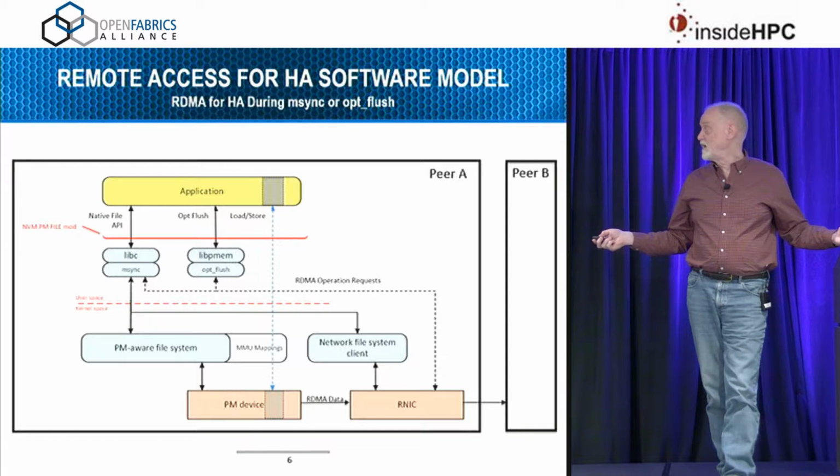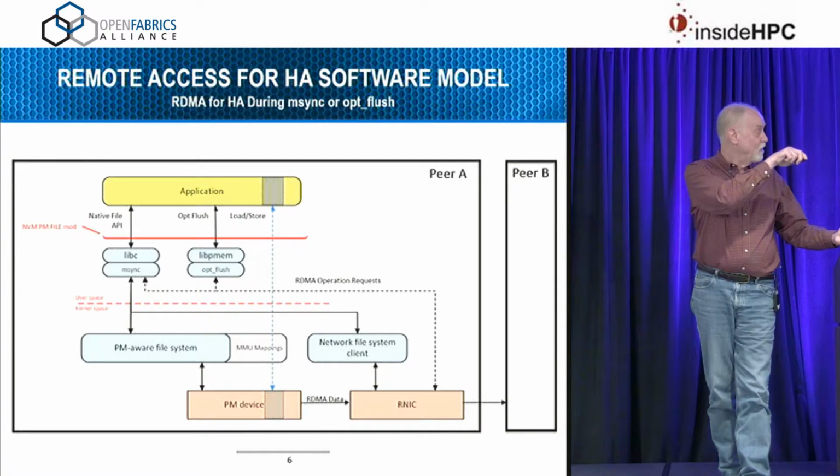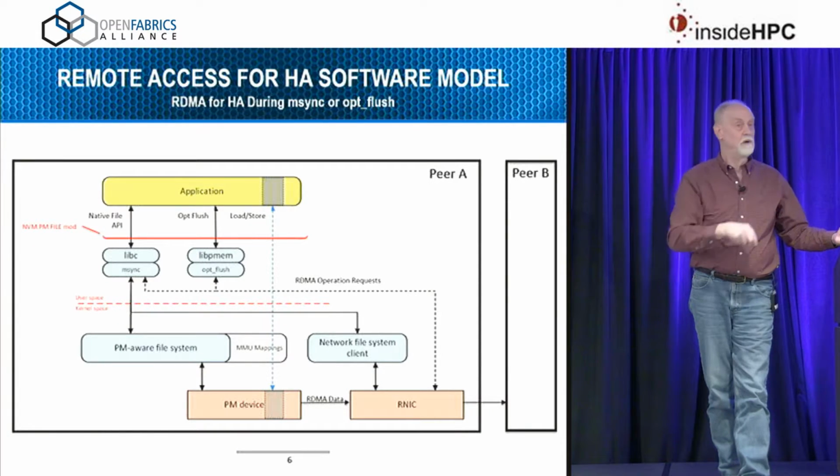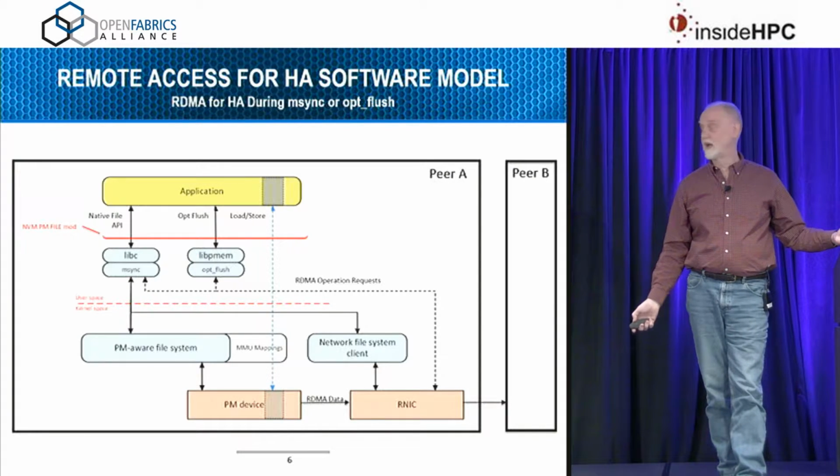And once again, you can see a squiggly line. It's kind of a solid line here. But basically, it's an adapter on top of the existing PM-aware file system that we had in the previous picture. But we're going to add over here at the right a network adapter that allows replication or other communication to peer B. And we're analyzing the types of workloads and the types of applications that are going to benefit from this.